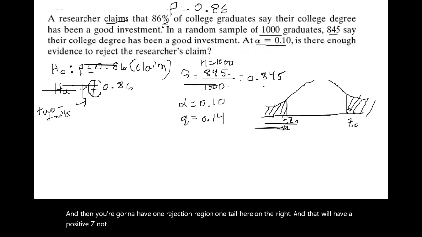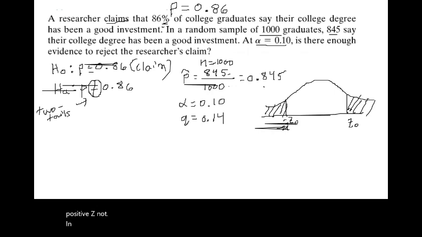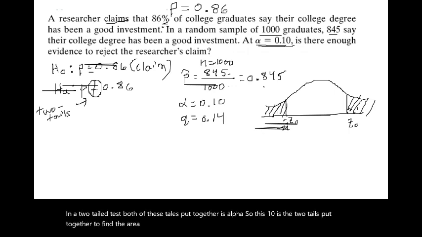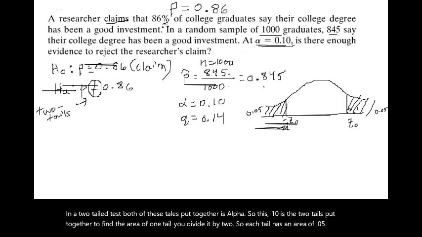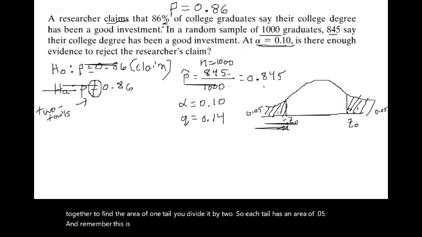In a two-tailed test, both of these tails put together is alpha. So this 0.10 is the two tails put together. To find the area of one tail, you divide by 2, so each tail has an area of 0.05. Remember, this is a normal distribution, so these two critical values are symmetric.